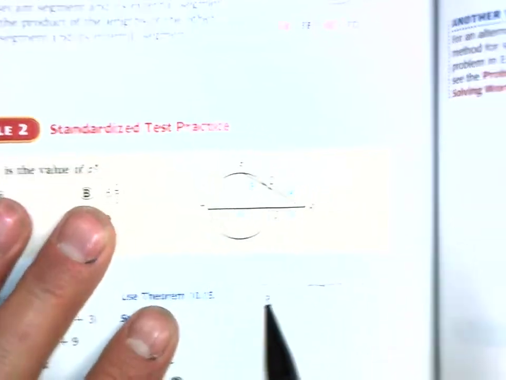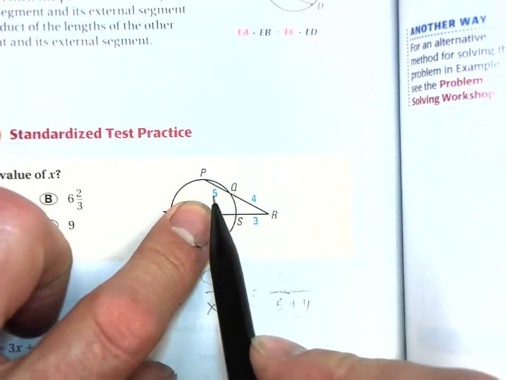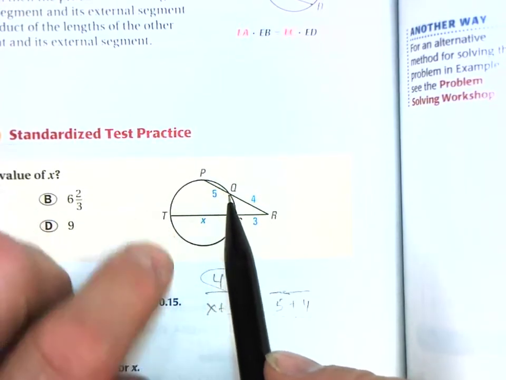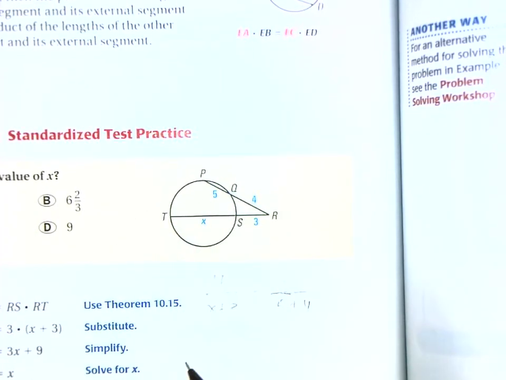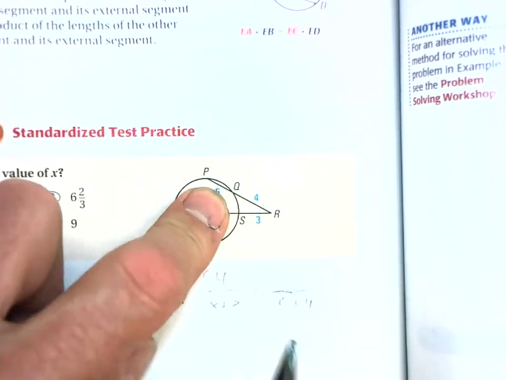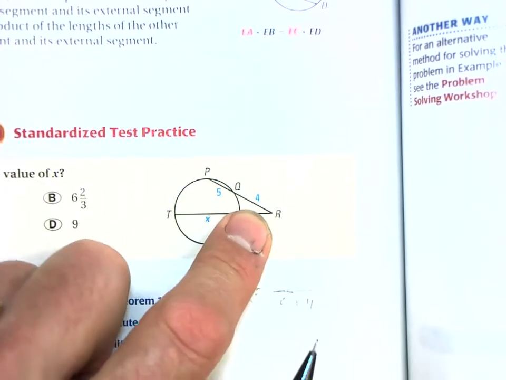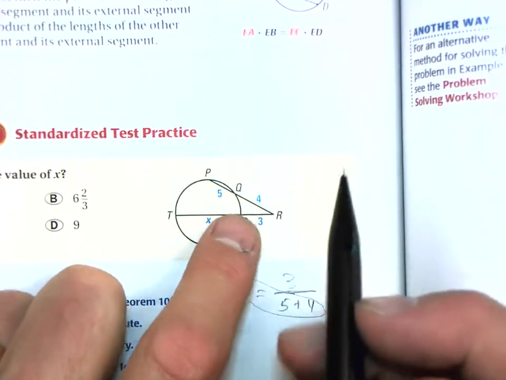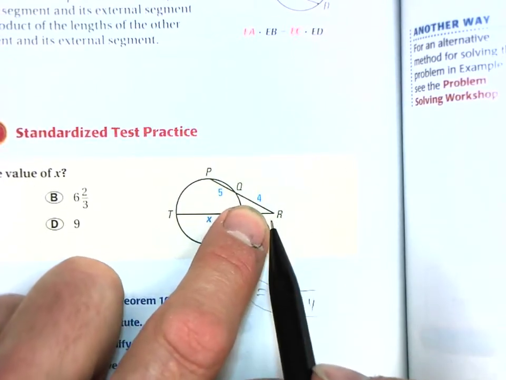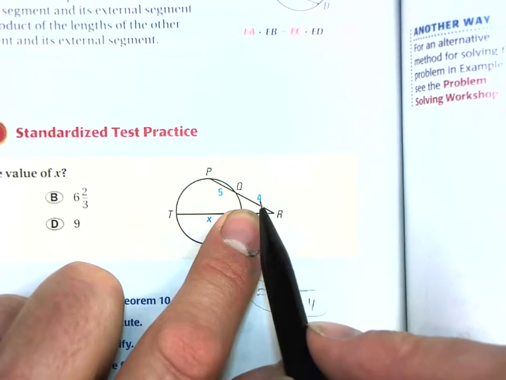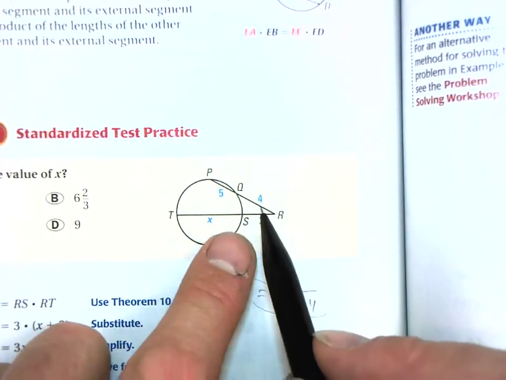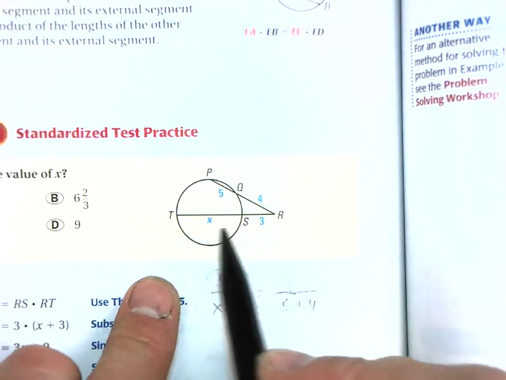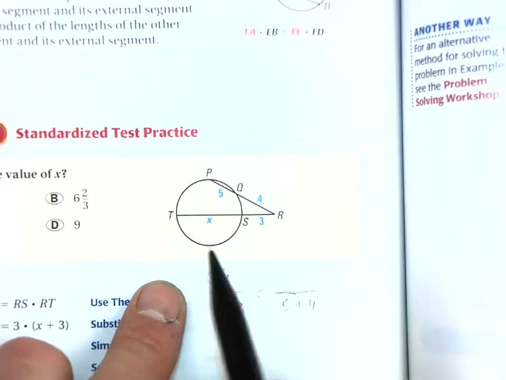So in this particular situation, let's start with 5. We said 5 over, that's part of, hold on. That's the internal segment, didn't it? We want the external segment, so be careful with that. I almost made a mistake, which I do often, as you know, but let's do the external segment. So it'd be 4 over the whole, the other whole segment, or secant.